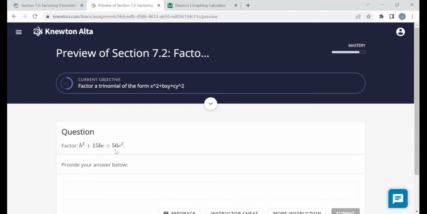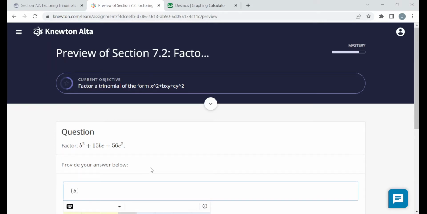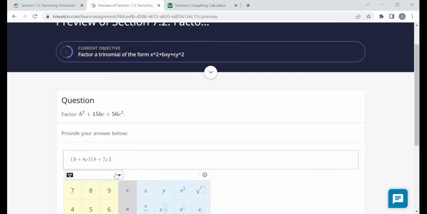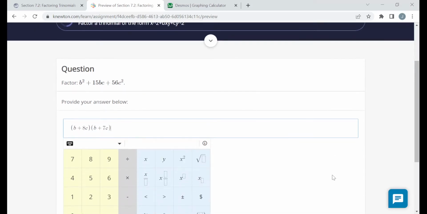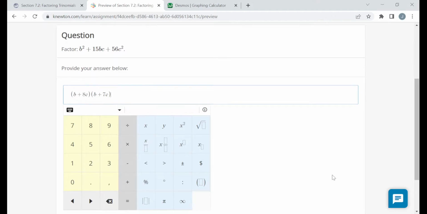So all I need to do is find factors of 56 whose sum is 15, and that would be 8 and 7. So this would factor simply to b plus 8c times b plus 7c. Just don't forget to add the second variable into the second term of each factor here. b plus 8c times b plus 7c.